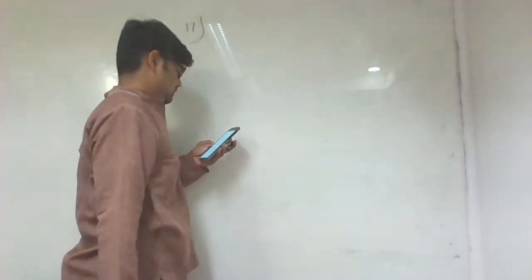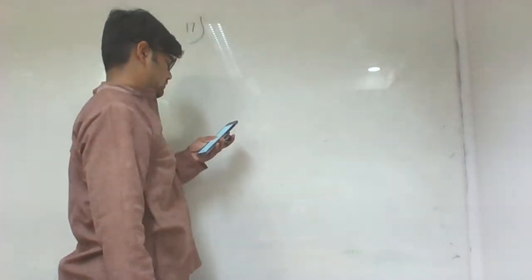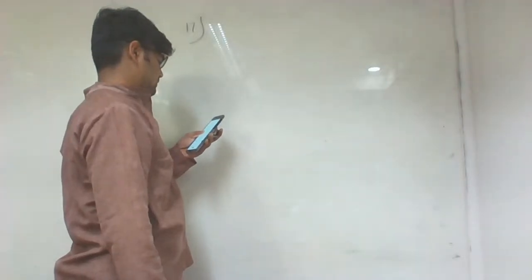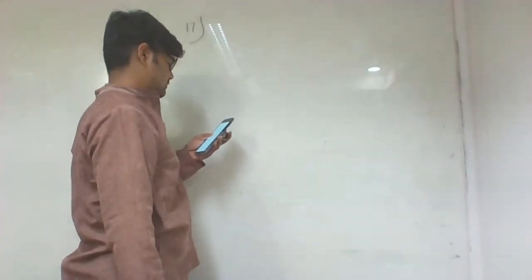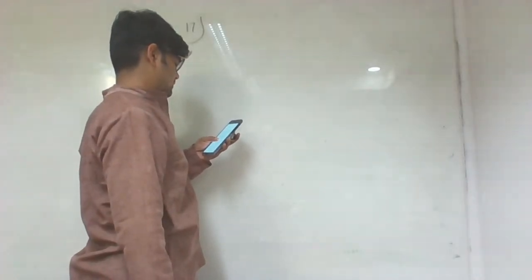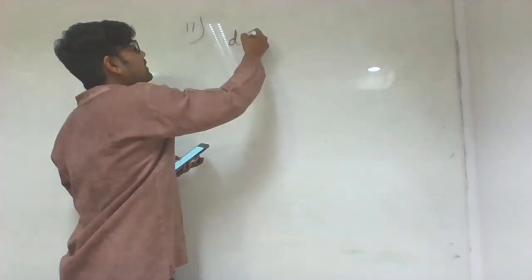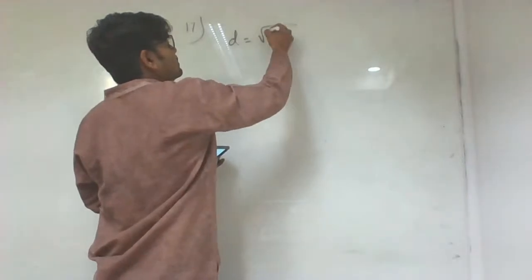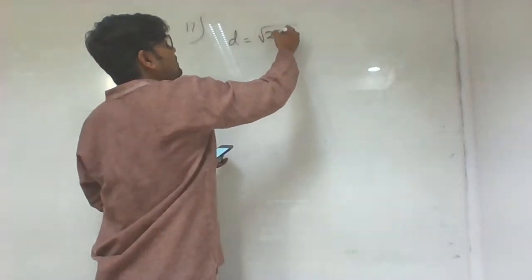Seventeenth. So in communications, there is a chapter, and there is a formula for the range, root 2Rh.